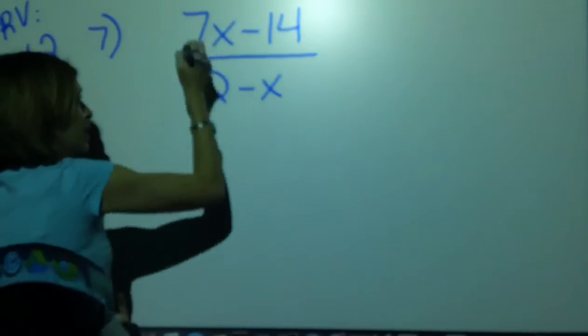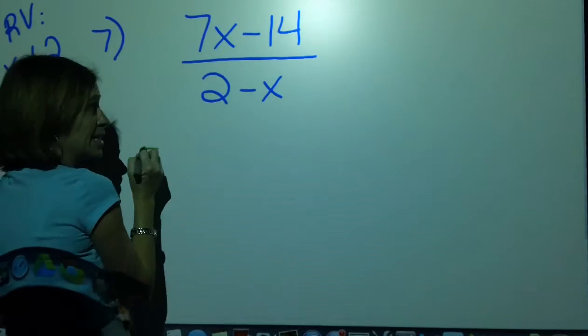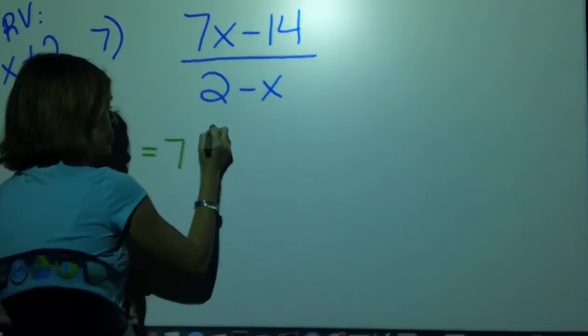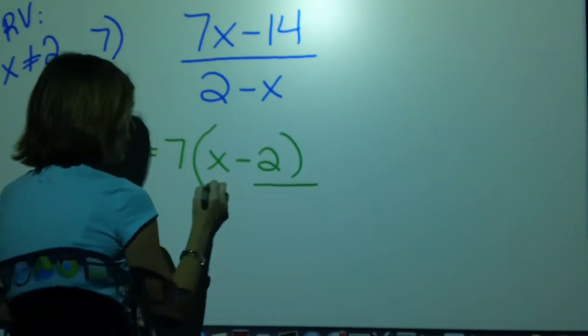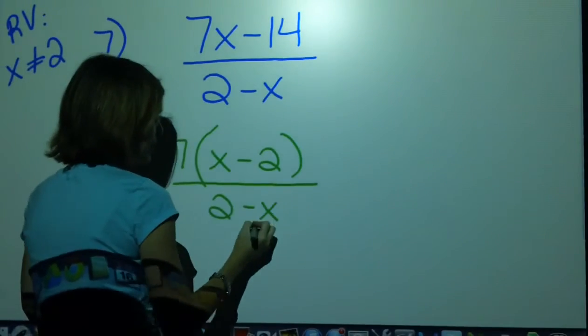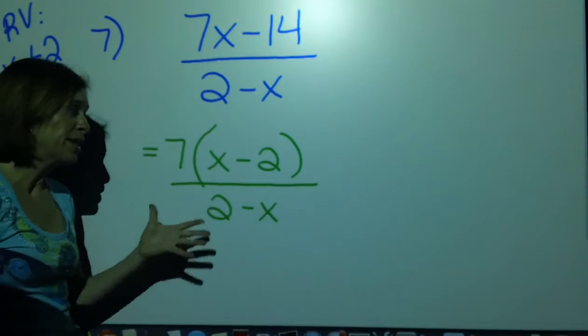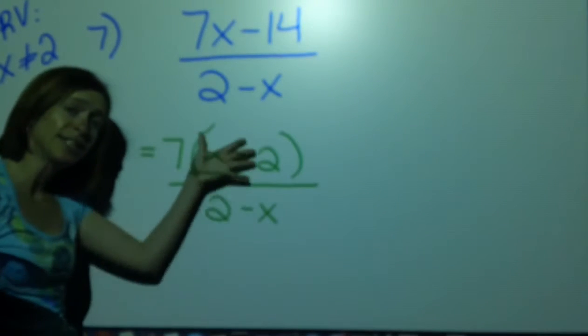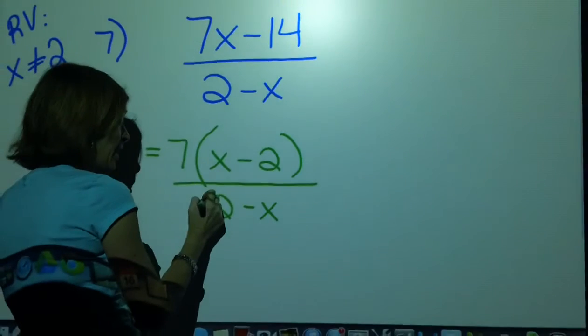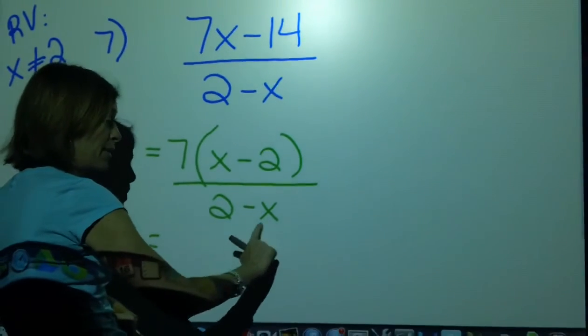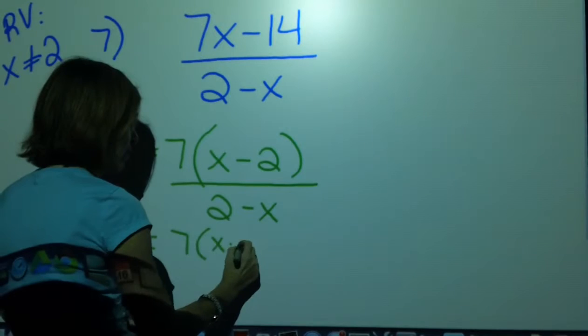Then I look at the numerator and I want to simplify. And I see that there's a GCF of 7. I pull out the 7 and I'm left with x minus 2 all over 2 minus x. Which I'm hoping that everyone sees that these are opposites, okay, opposites. So I'm going to take out a negative 1 from the denominator. So I'm going to leave the numerator.